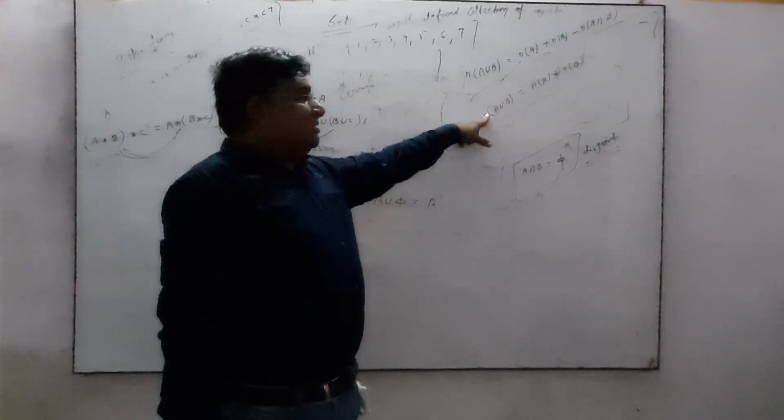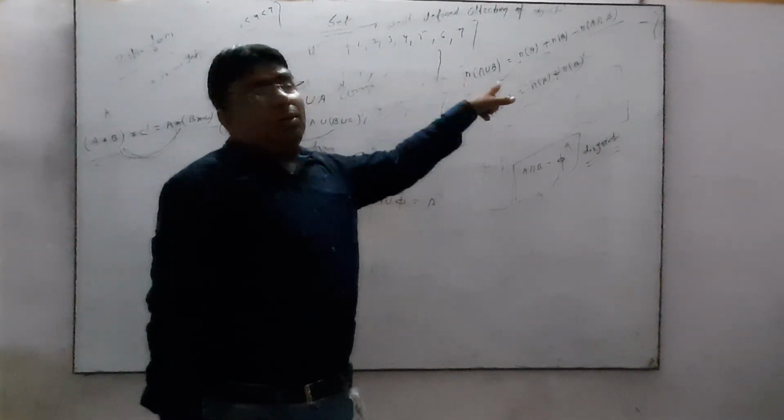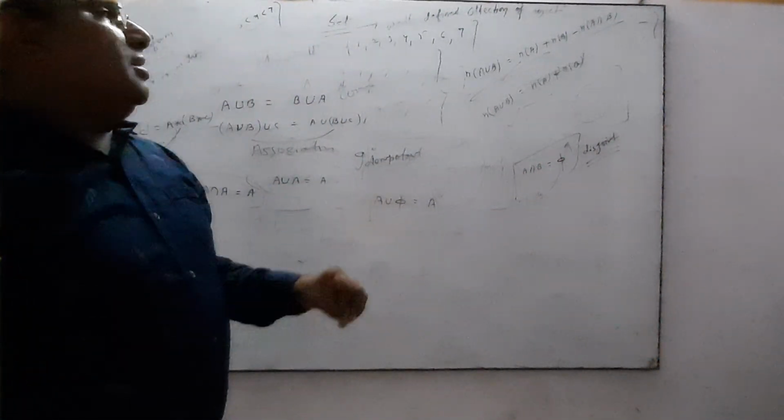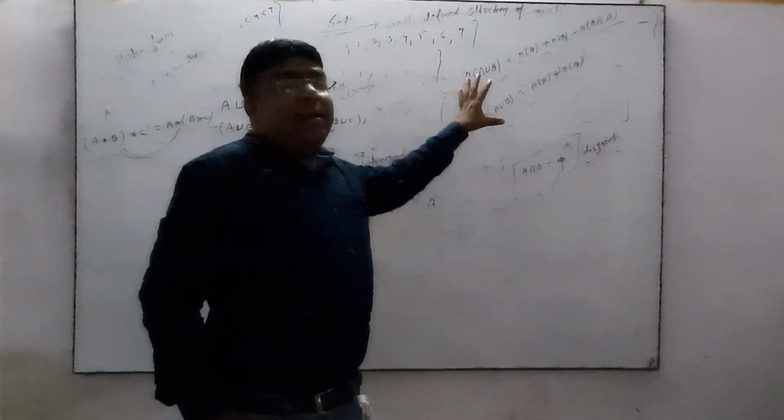But apply the first formula when the number of A is given, the number of B is given, and the number of A intersection B is given. Both depend on these two formulas.